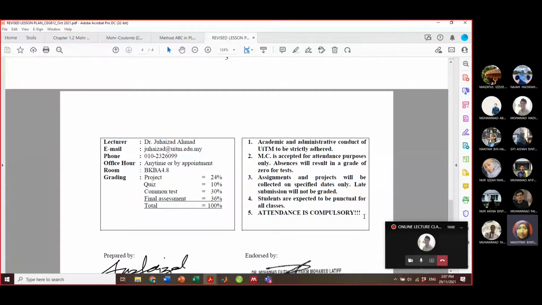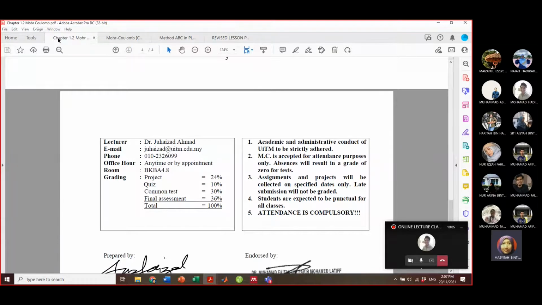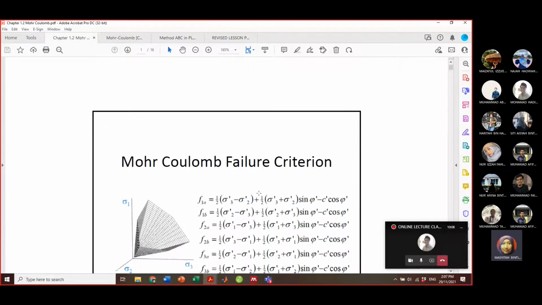So now we go to chapter 1, section 1.2, which is Mohr-Coulomb. So what is important about Mohr-Coulomb? This is part of chapter 1, which is the stress-strain relationship. As I explained in the earlier class, when you have a kind of material, the material can behave in a linear way only.